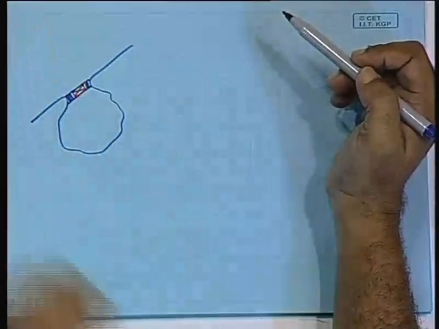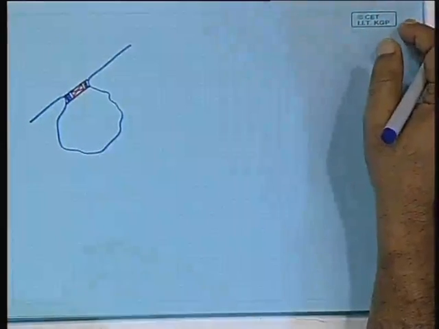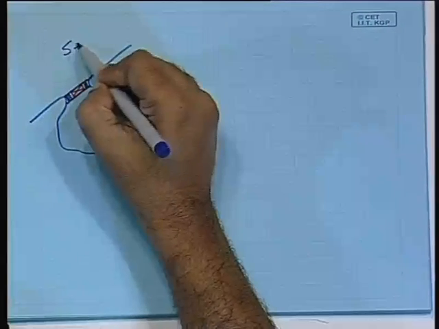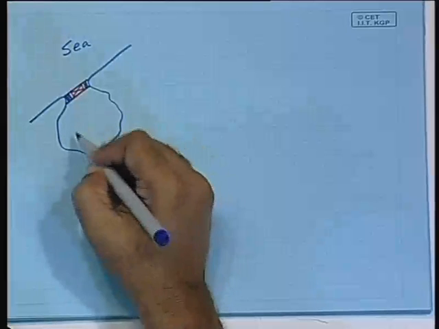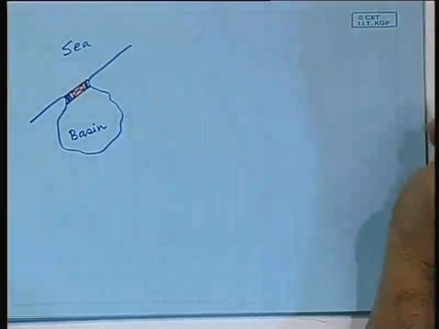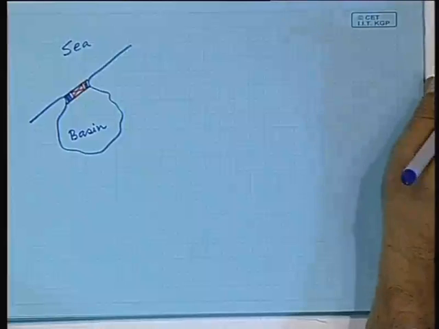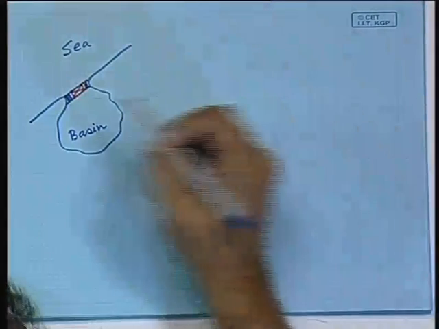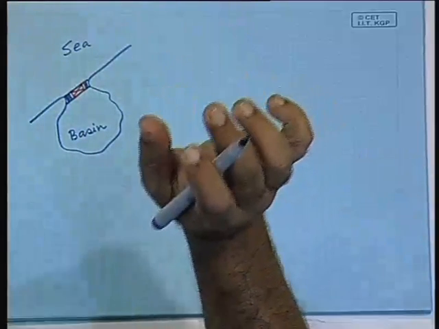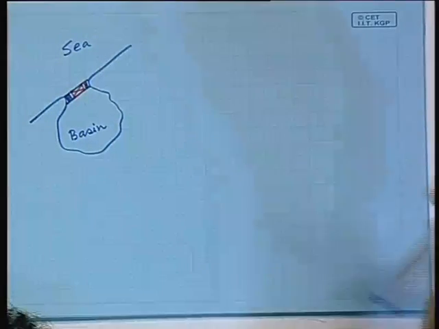So, during that period you generate energy. So, this is the sea level, and this is called a basin, the tidal basin. Would the structure be understood? There is a turbine and there are a few sluice gates.